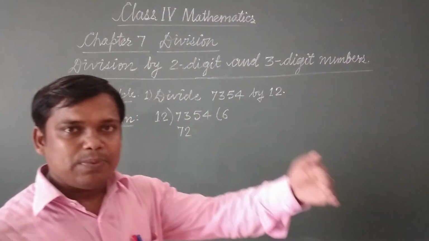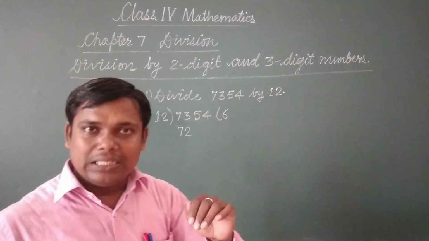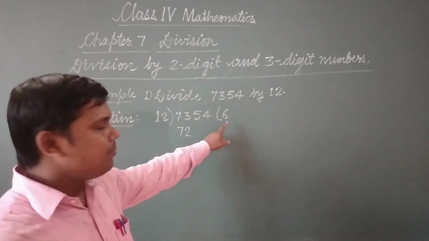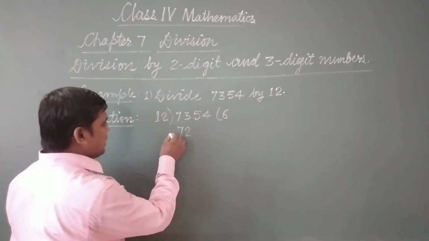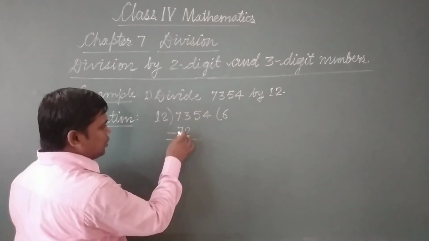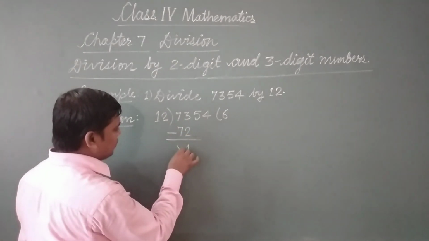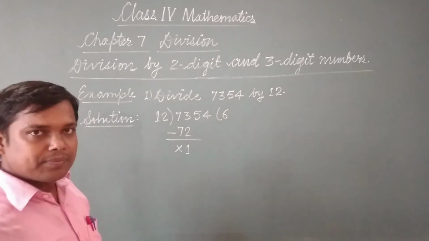So 7 times it will go. Then here we have to write 84, which is not correct. So we will write 6 times. 12 6s are 72. Now we will subtract. 3 minus 2, 1. 7 minus 7, 0. So we will cross it.